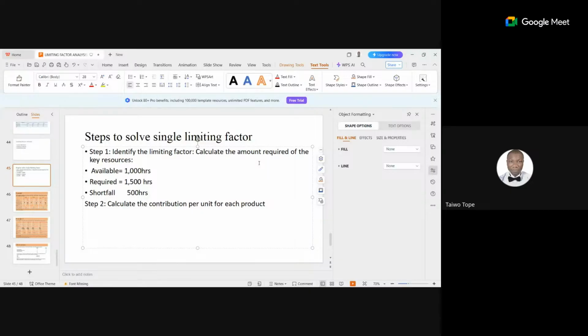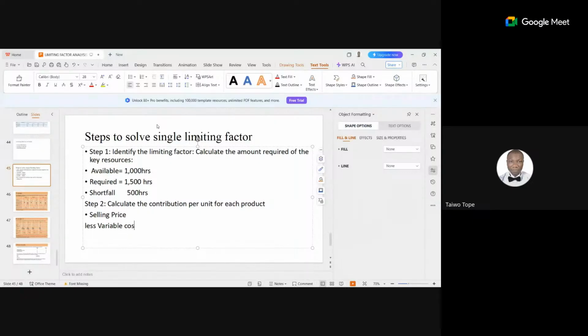You can identify your selling price in the question. Then you can identify the various variable costs, that is, less variable costs.